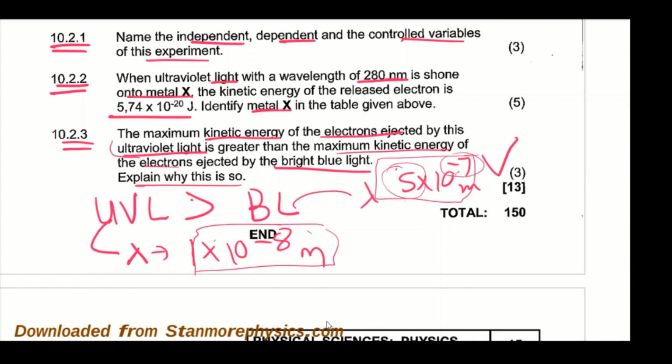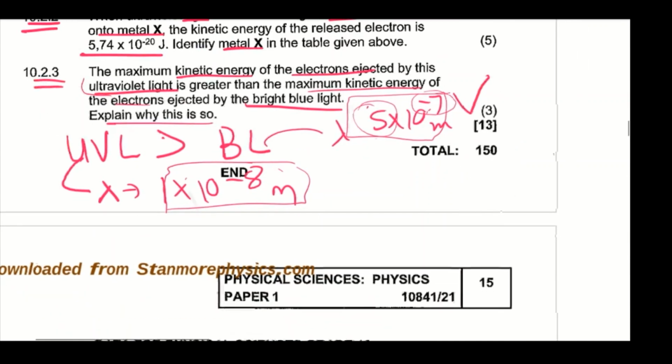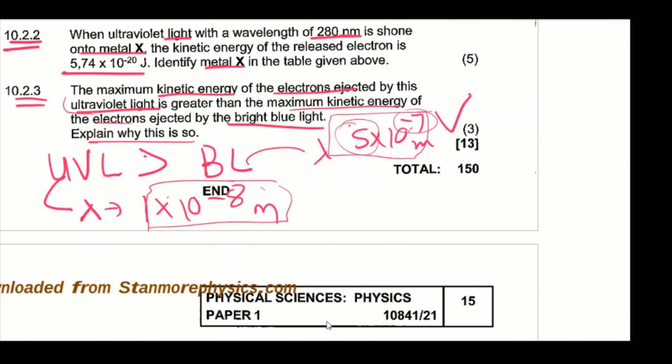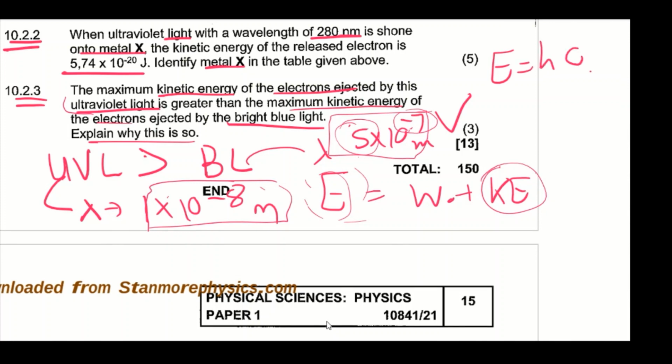Now when you want to identify kinetic energy, remember that our formula is energy equals work plus kinetic energy, and we are told that the kinetic energy of the ultraviolet is greater than the kinetic energy of blue light. This is determined by your wavelength, because E equals h multiplied by c over wavelength.